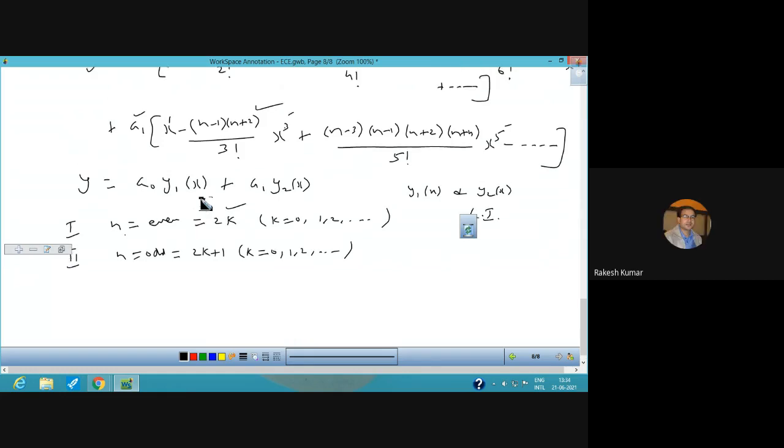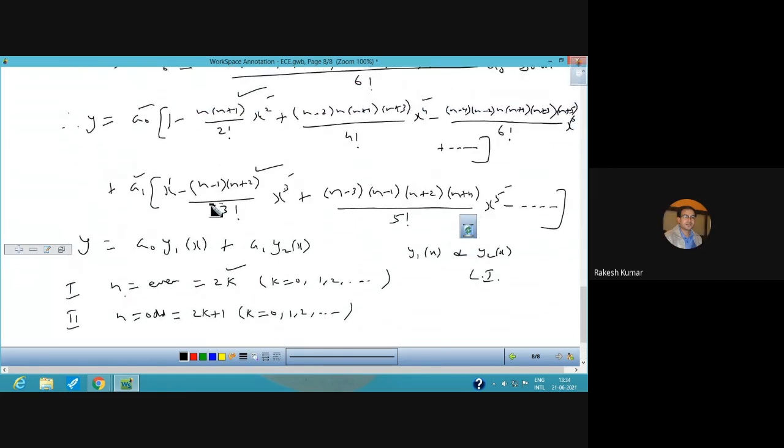Now, what does it mean? It means that ये जो a naught है, a naught और a1, इन दोनों कांस्टेंट्स की वैल्यू इस तरह एडजस्ट करनी है कि ये जो पॉलिनोमियल बन जाएंगे. This will be polynomial in case number 1 of degree 2k and y2(x) will be a polynomial of degree 2k plus 1 for case number 2.